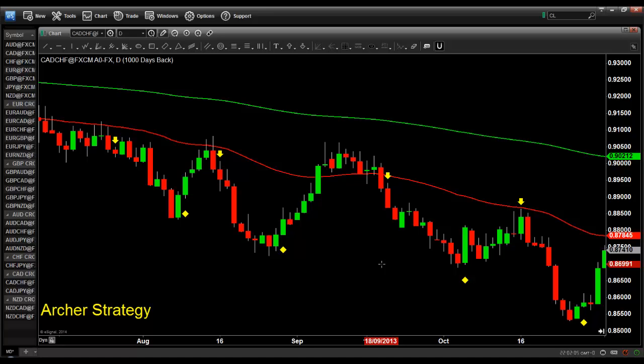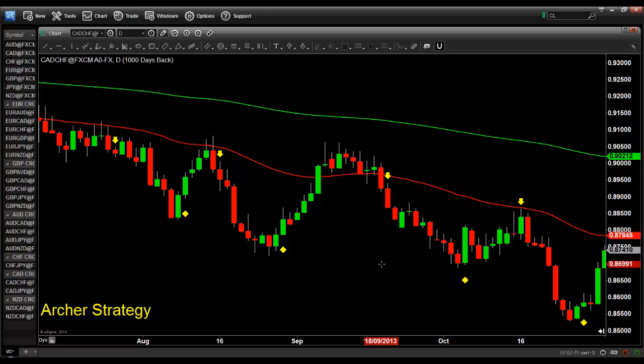So if you take the signals generated by the indicator and double check them against whether they are bouncing off a level of support or resistance, then that's a fairly high probability trade, and I can assure you that profit factor of 2.9 will rocket up.